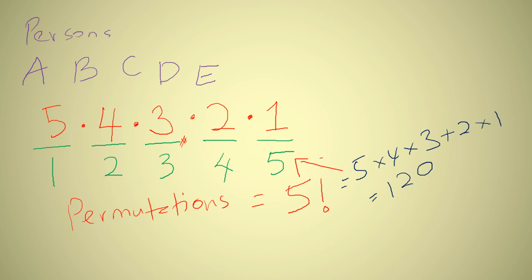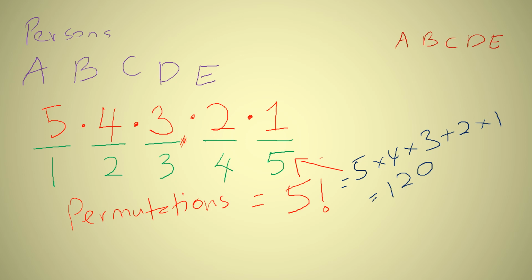Now let's do something maybe more interesting, or maybe you might find it less interesting. Let's say that we still have these 5 people, again people A, B, C, D, and E, the same people, but we don't have as many chairs as the previous one.